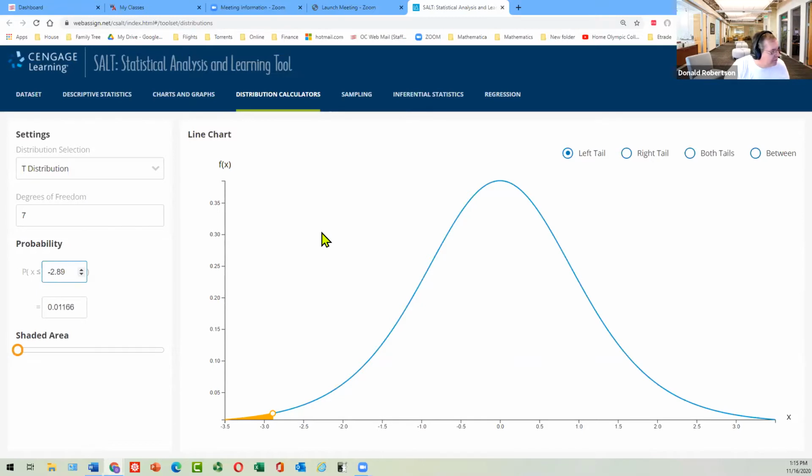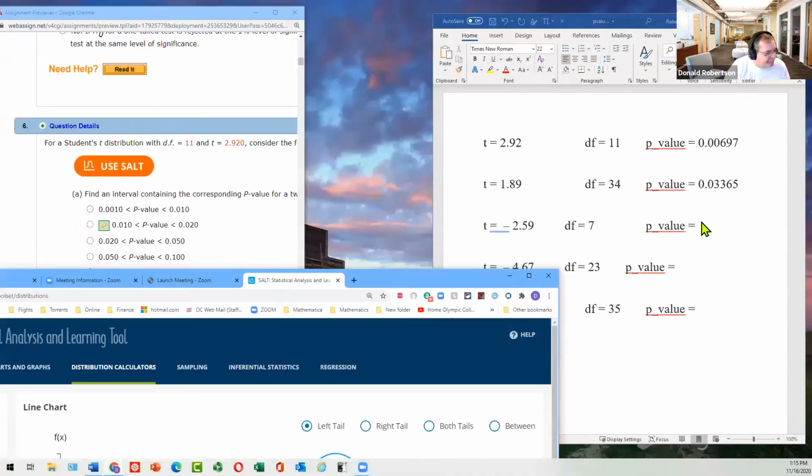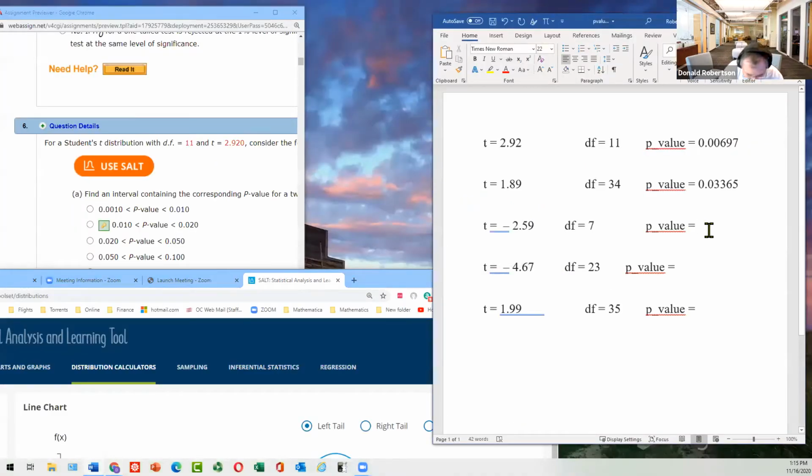There we go. Do you see that I had to choose a left tail first and then put in the number? And here is the p-value. Making sense?